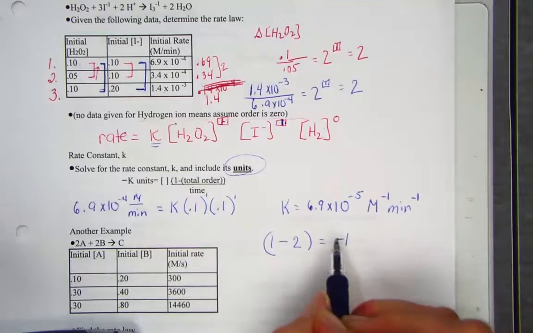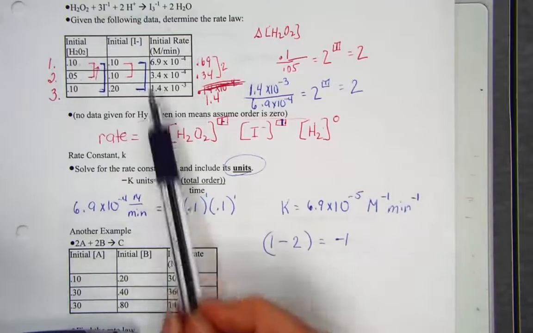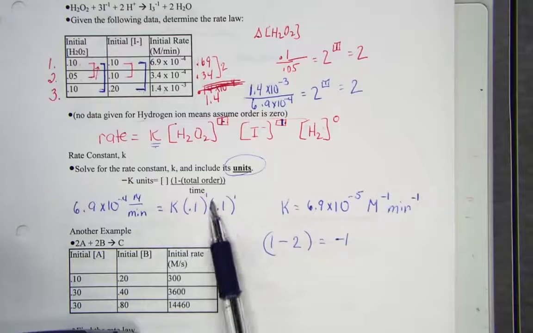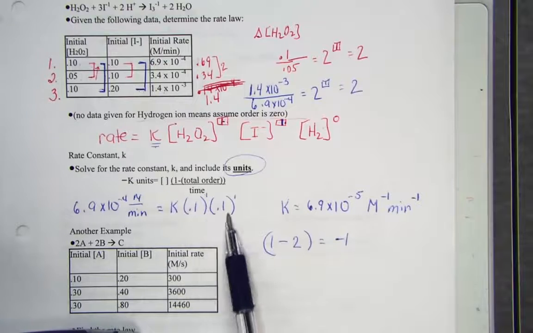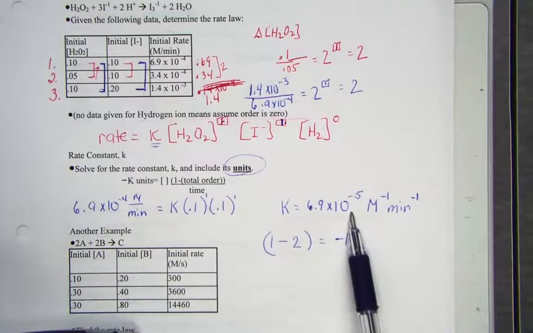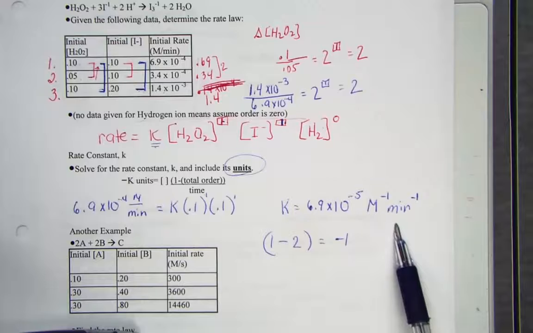Let me repeat that. It's a way to solve for the K units. We used trial 1, plugged in the rate set equal to the concentrations raised to the orders with respect to each reactant, and solved for K. K is a constant. We could have used any of those 3 trials and it will come out the same number. To find the units of K, there's a formula.